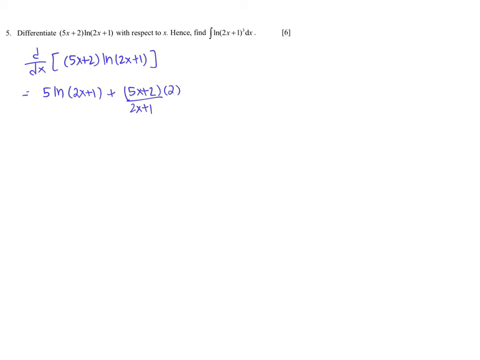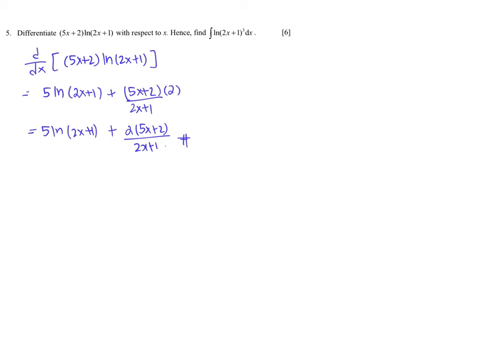Alright, and because of chain rule, differentiating 2x, I should have a 2. Okay, so if I were to rewrite this, I can rewrite it in this way: 5 ln 2x plus 1 plus 2 bracket 5x plus 2 over 2x plus 1. Alright, so there you go. This is the differentiated form for our first part of the answer.